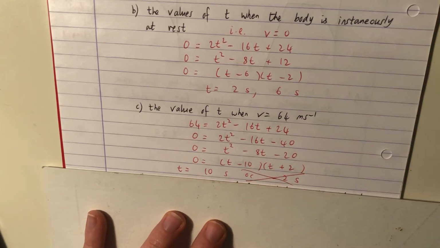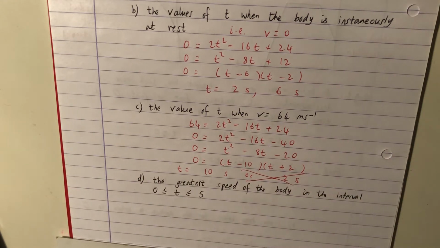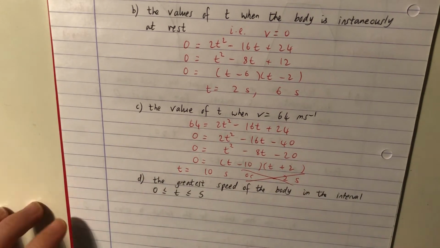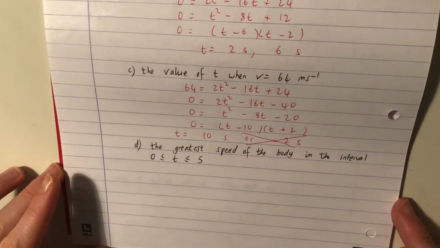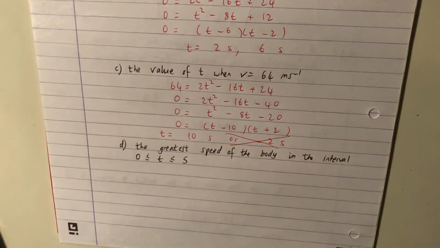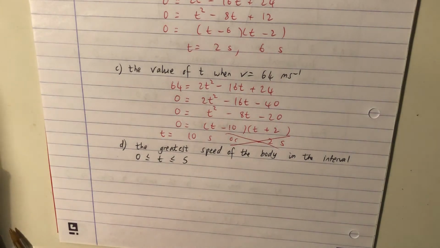And part D, the hardest part by a long way, is to find the greatest speed of the body in the interval t is between 0 and 5 seconds. So the greatest speed.